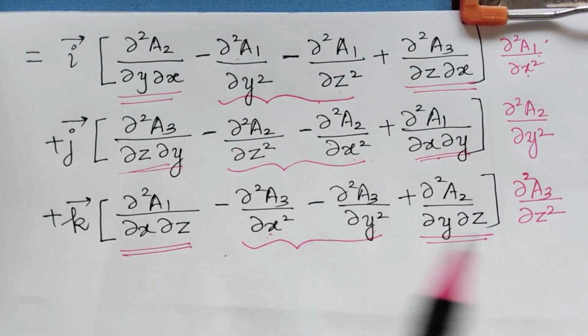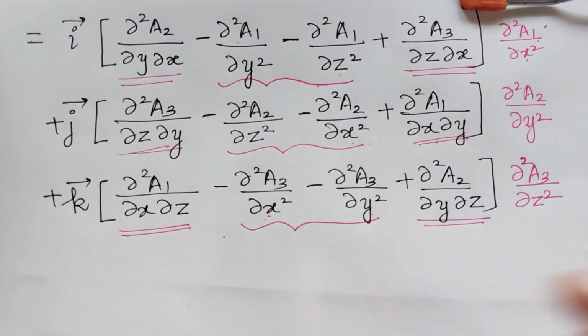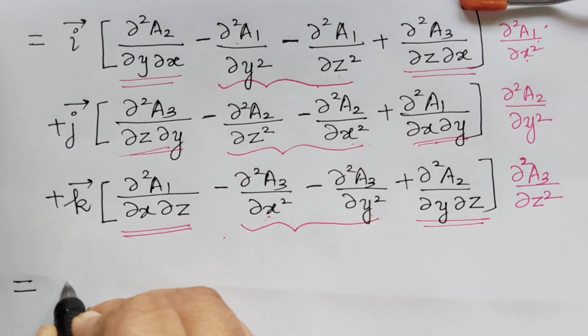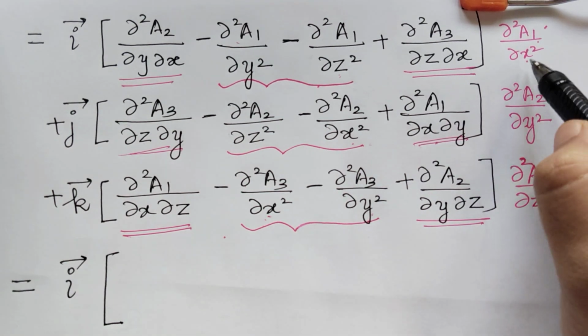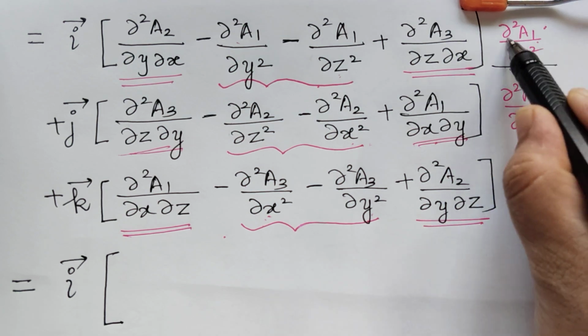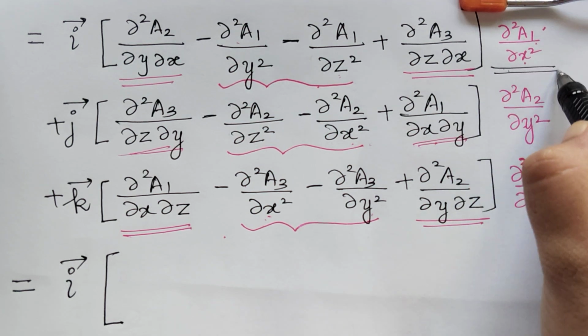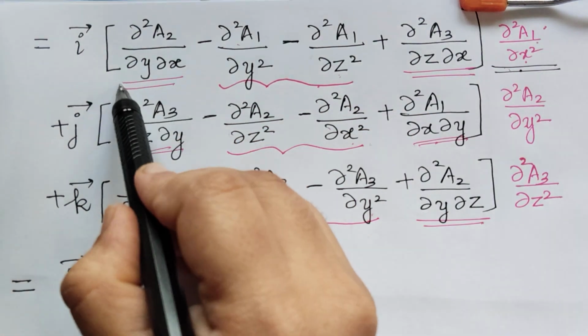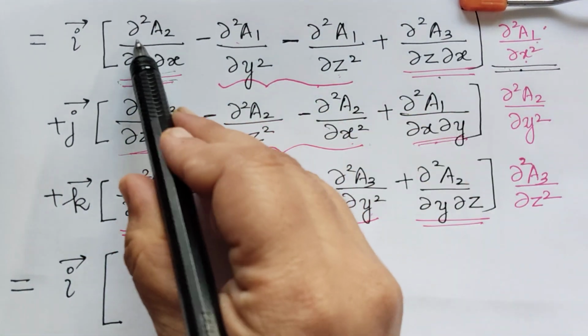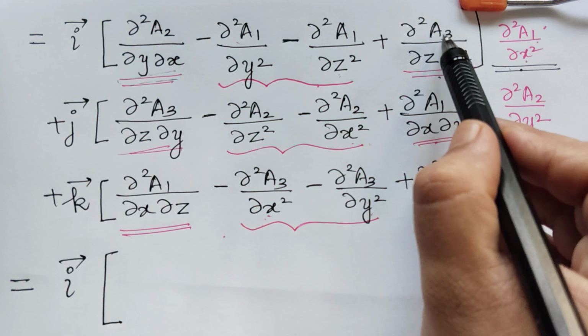So go through that very clearly. First, in the ith component, this will be equal to I vector multiplied with. What I told you, we have to add and subtract dou square a1 by dou x square. So the term that I am going to add is along with these two terms. So here we have dou square a2, dou square a3.